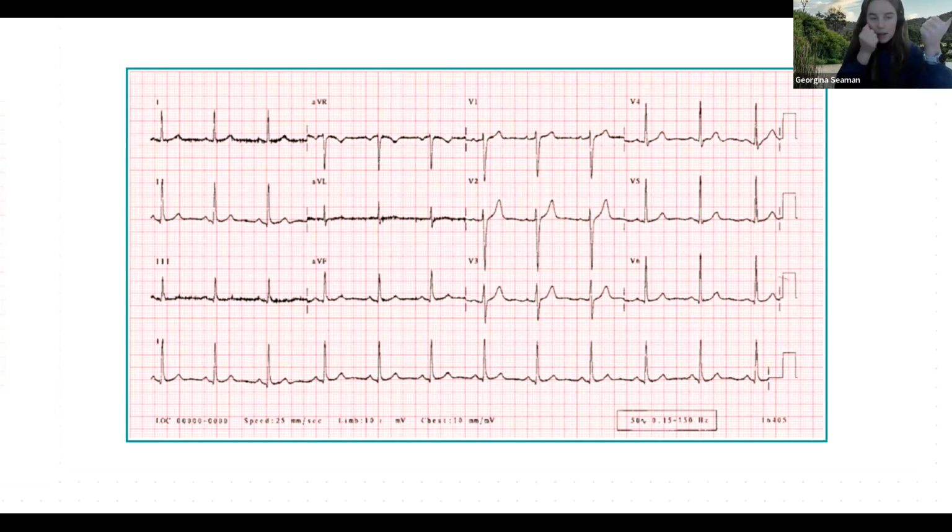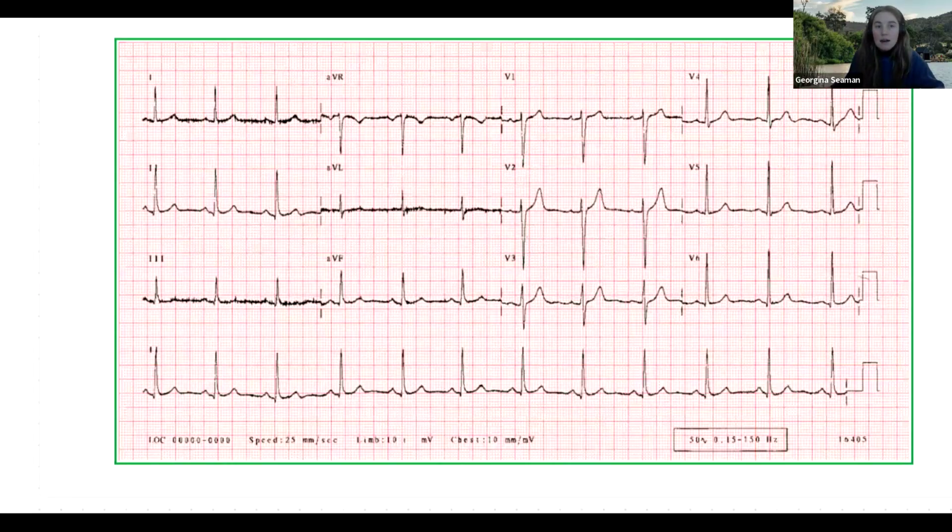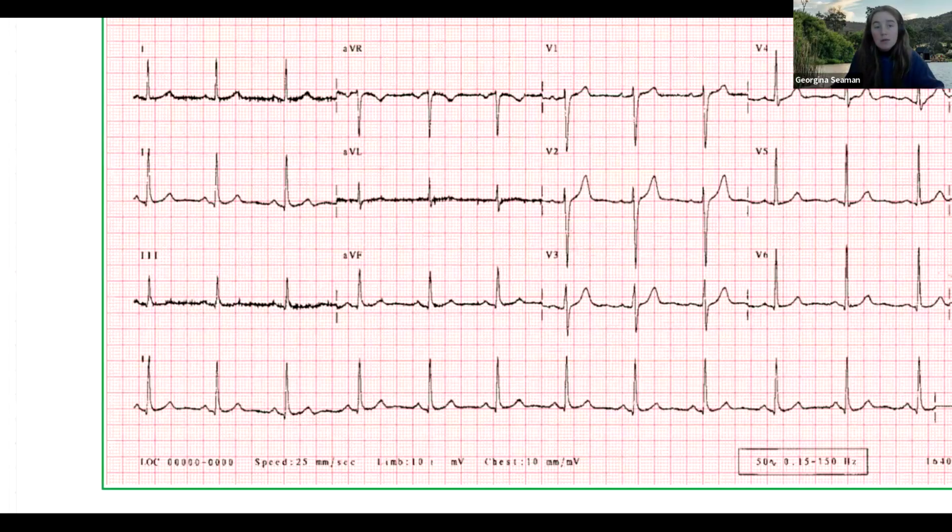So just quickly, is our speed okay? Yes, speed's okay, fantastic. So we've got our 25 millimeters per second. What else? Ideally get a better trace. Fantastic, Chloe. Especially in aVL, 1 and 3. So it looks like maybe one of our limb leads is picking up a bit of artifact. So what sort of things could we do if this is a bit suspicious?